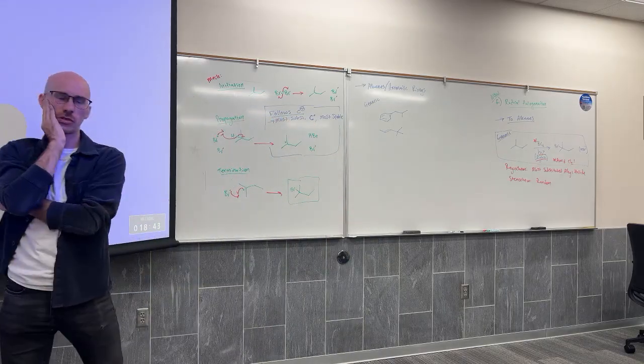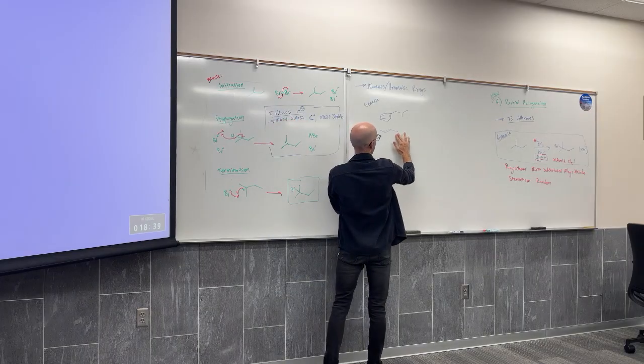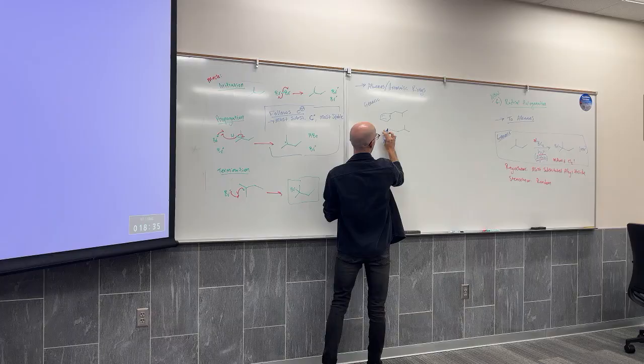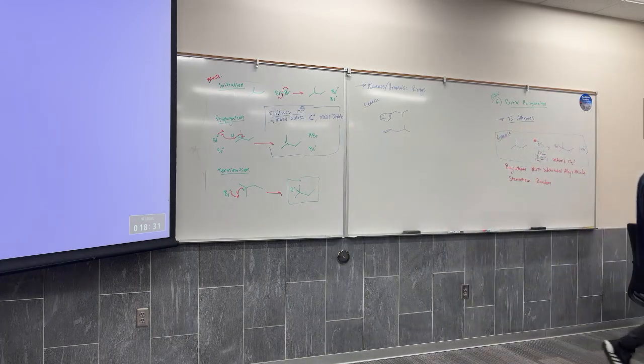Okay, I've got two things here. I think I need to make this one a little bit different though. I want you to see that there is some similarity to these two molecules and the generic molecule I gave for the alkanes.